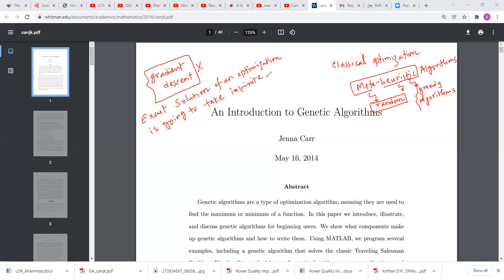I should say infinite, that means it is not solvable within a finite time. So in other words, it is going to take infinite time. In the field of optimization, usually that is called an NP hard problem.